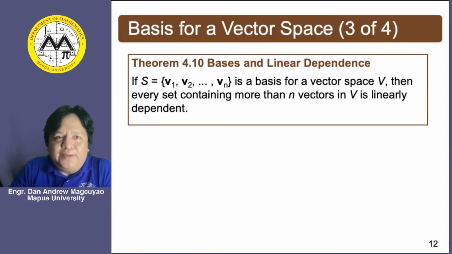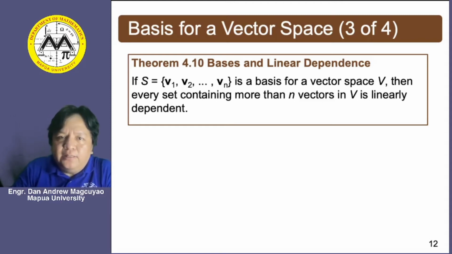Basis for a vector space. Basis and linear dependence. If S is composed of the vectors v1, v2, up to vn and is a basis for a vector space V, then every set containing more than n vectors in V is linearly dependent.